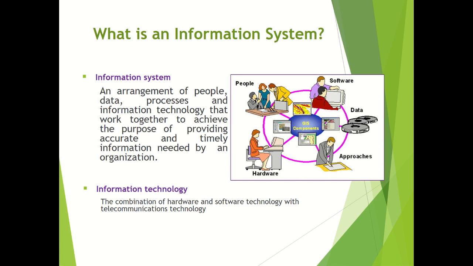So if we could combine both the hardware and the software technology together in order to ease the life of your client, then you could say that it is an information system. And why do we go for an information system? We have information systems in place in order to give accurate or more appropriate results, and also to give timely results.